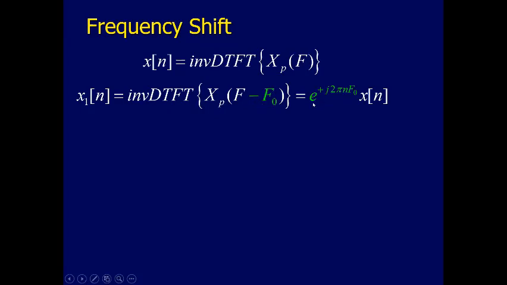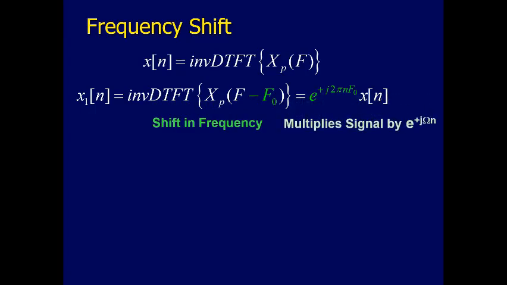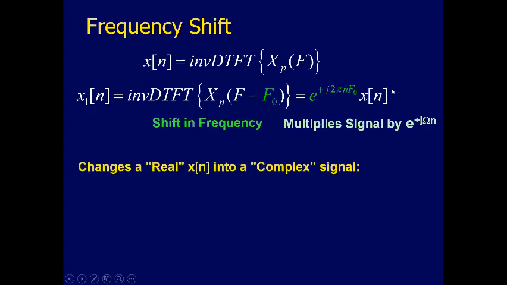Now, what does this mean? This means that if I take my discrete time Fourier transform and move it to the right, I'm taking my time function, which is usually a real valued function, and now multiplying it by a complex exponential, an e to the j omega, which is a complex function, which makes my real function now complex as well.